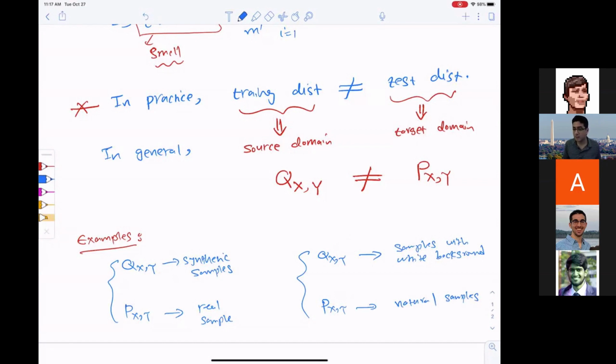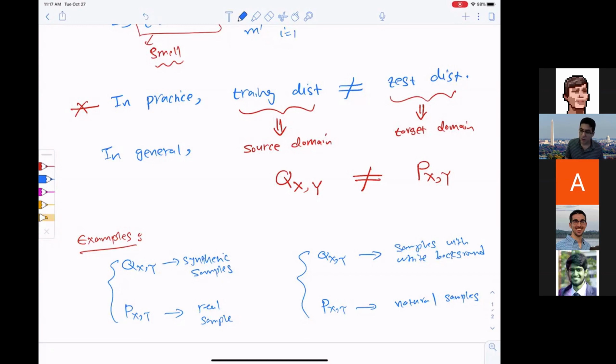Because of these examples, and you can come up with zillions of other examples, this is a very important problem to understand: when can we train a model on a particular distribution of samples and deploy it on other samples coming from another distribution.